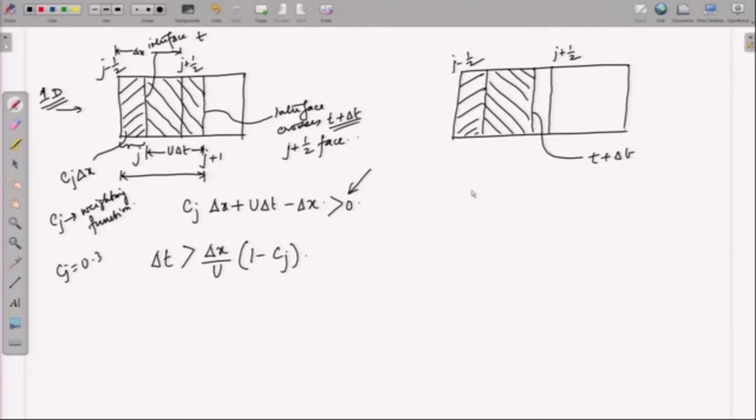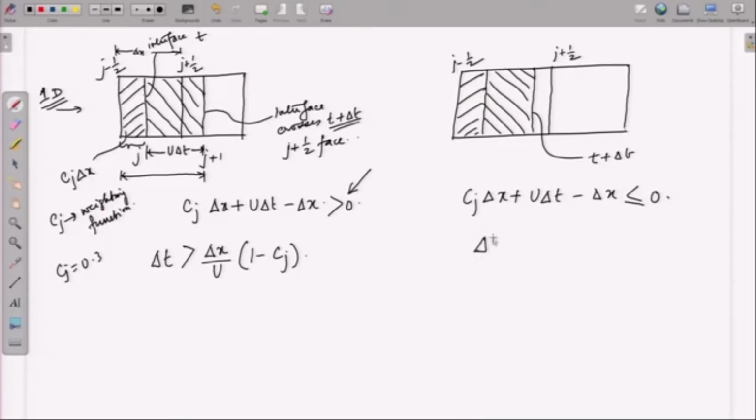That can happen if, in the limit, the interface just coincides with the cell face but does not cross it, and as long as it does, there is no outflux from that j plus half face.